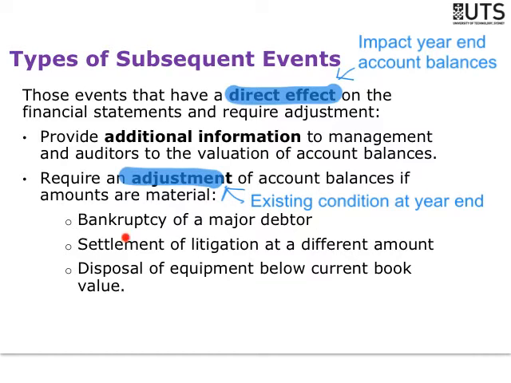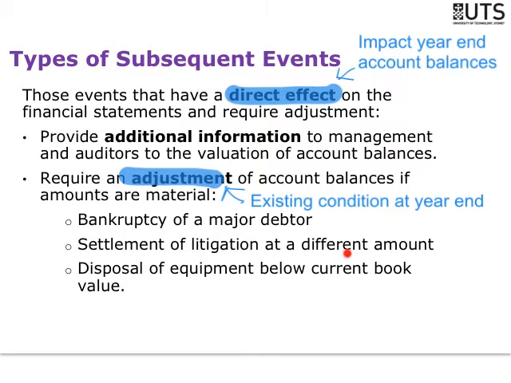We need to adjust for this because we have an existing condition, a legal case that is ongoing, that turns out we expect to pay out more or less based on events that have happened after the balance date. And last but not least, for the disposal of equipment below the current book value, we have a piece of equipment recorded at usually cost, depreciated to a carrying amount.